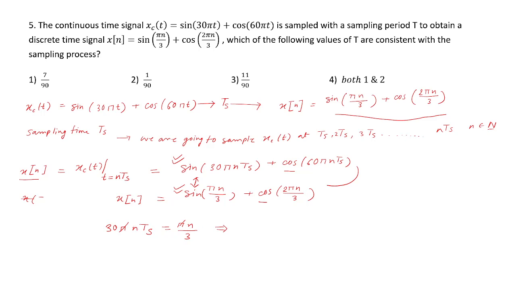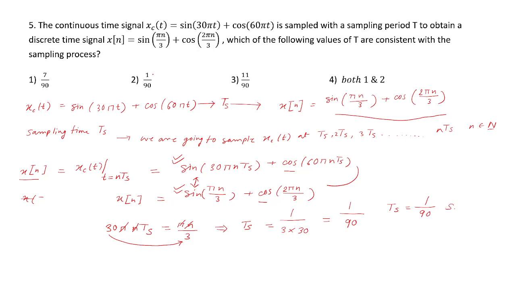I have n on both sides, so we can also cancel n. So we are left with ts. I am bringing 30 to here. ts becomes 1 over 3 times 30, which we can also write as 1 over 90. Fine. So our sampling period ts comes out to be 1 over 90 second.